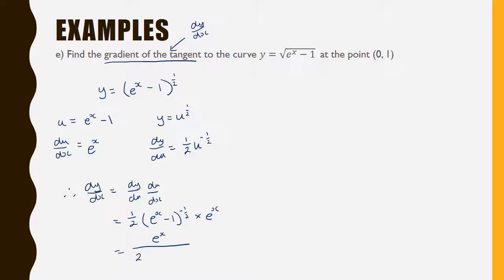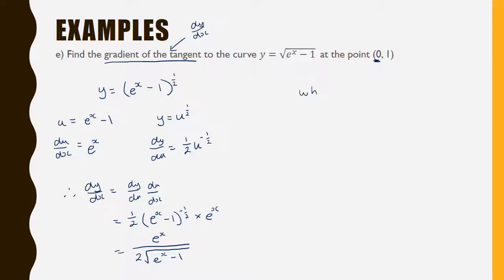Remember, negative powers move to the denominator. The power of a half is the same as a square root, and we get our answer here. You could have used the shortcut method of the chain rule, and that would be entirely your choice and entirely welcome as well.